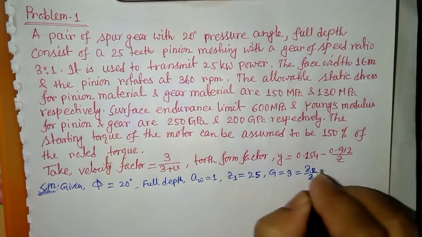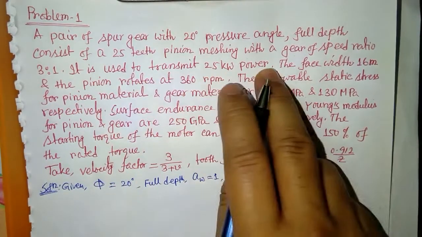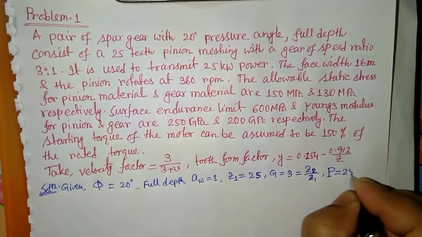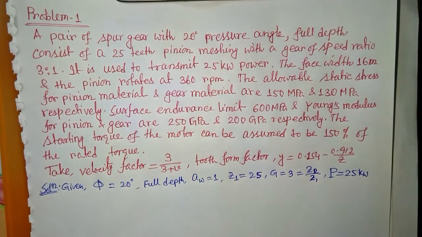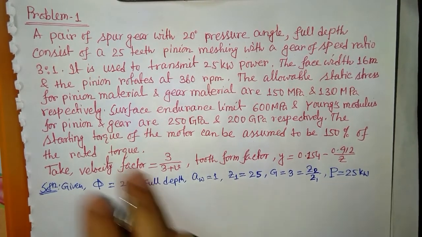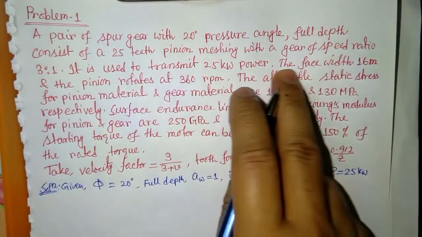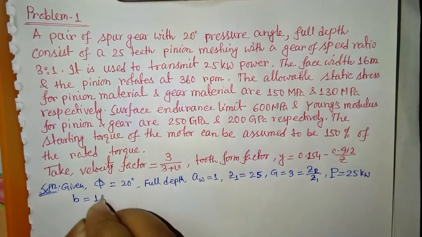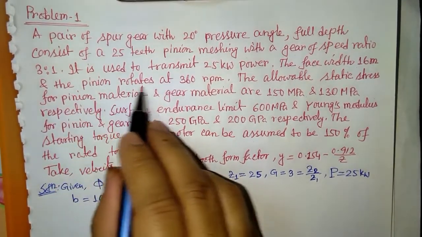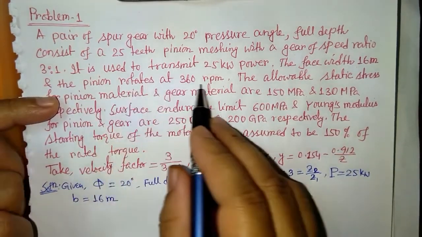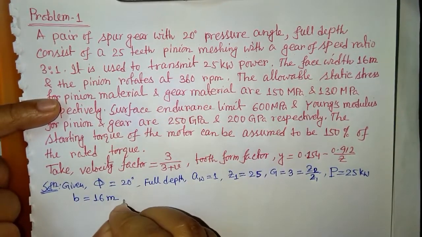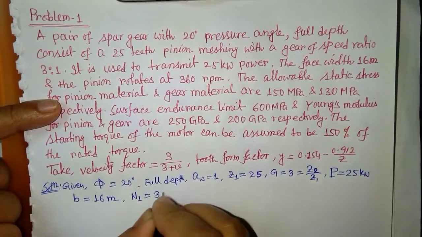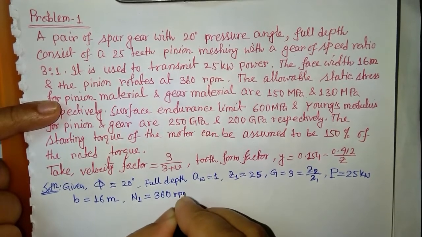Okay, then it is used to transmit 25 kilowatt power. So power P is equal to 25 kilowatt. Then the face width is 16 m. So face width we have taken B is equal to 16 m. And the pinion rotates at 360 rpm. So we can say that N1 is equal to 360 rpm.